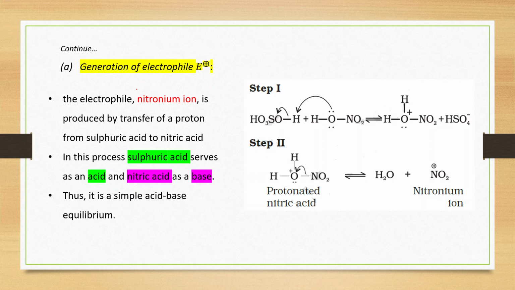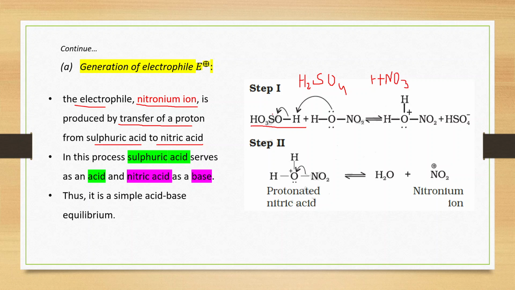Now see how these electrophiles are generated. First discuss the nitration. The electrophile nitronium ion is produced by transfer of a proton from sulfuric acid to nitric acid. Just see the reaction. This is sulfuric acid. As we know, the formula of sulfuric acid is H2SO4, and formula of nitric acid is HNO3.